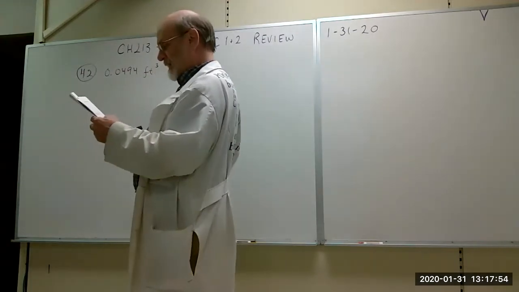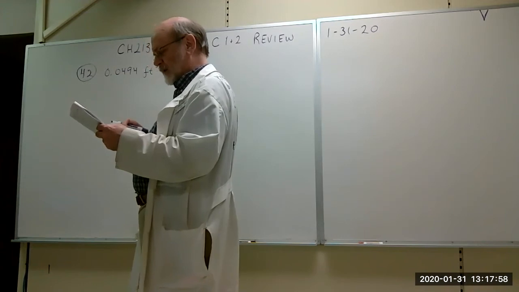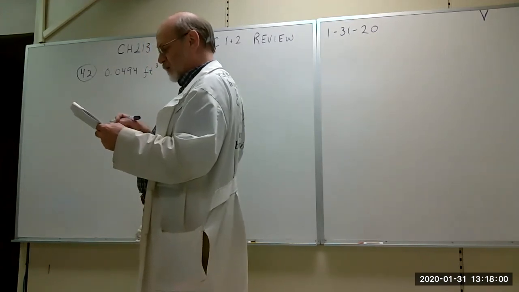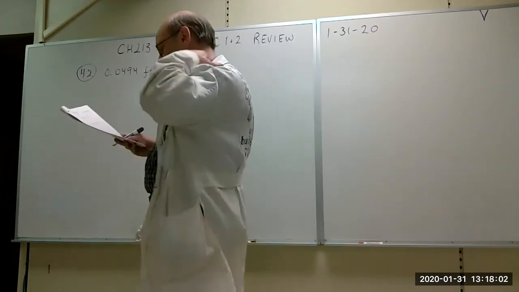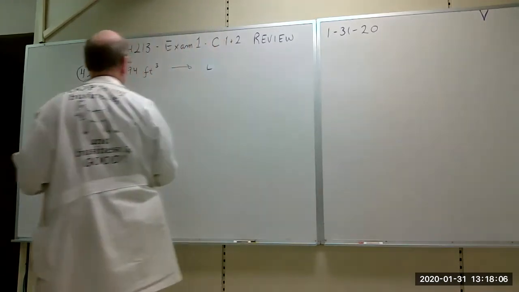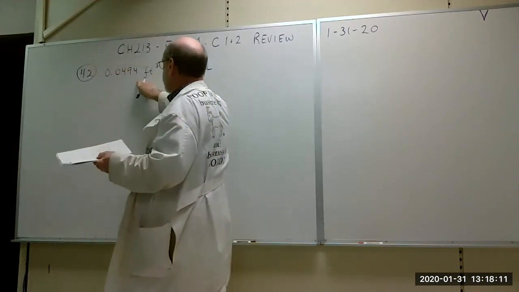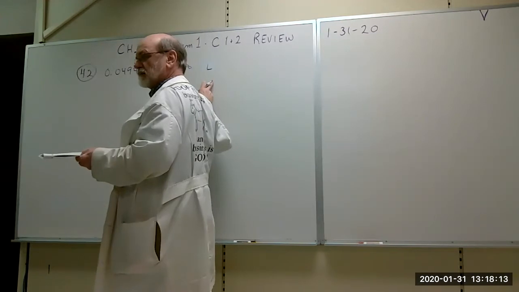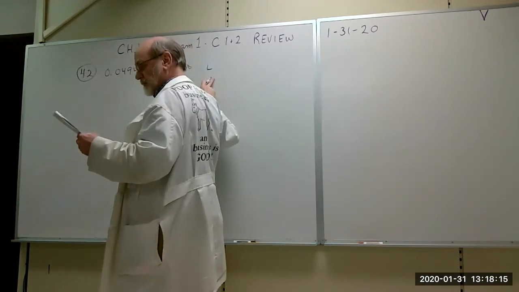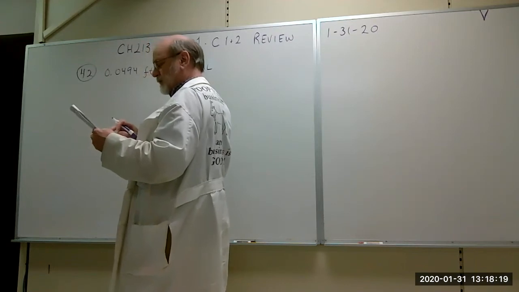Okay. And your conversion factors are given there as 2.54 centimeters is 1 inch, 1 liter equals 1 cubic decimeter. All right. So we're going from the English or imperial system to the metric system. So we're definitely going to need 2.54 centimeters is 1 inch.